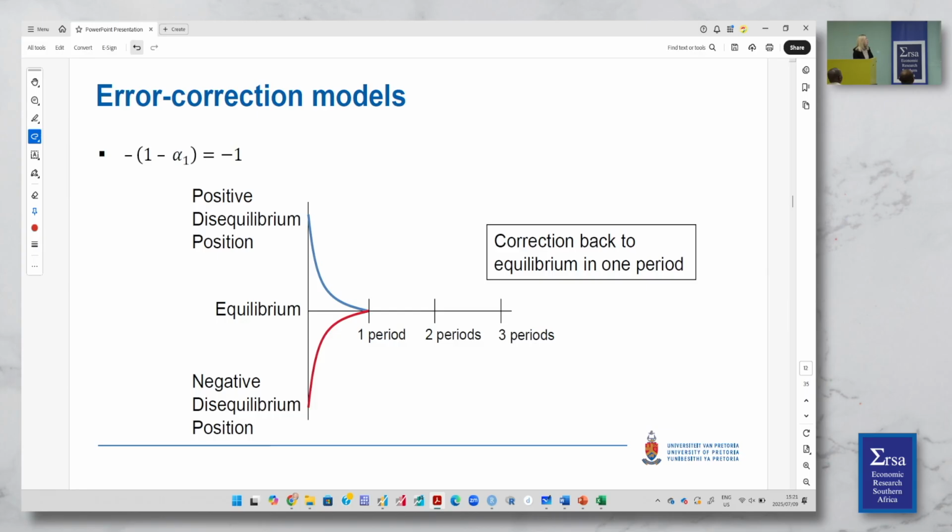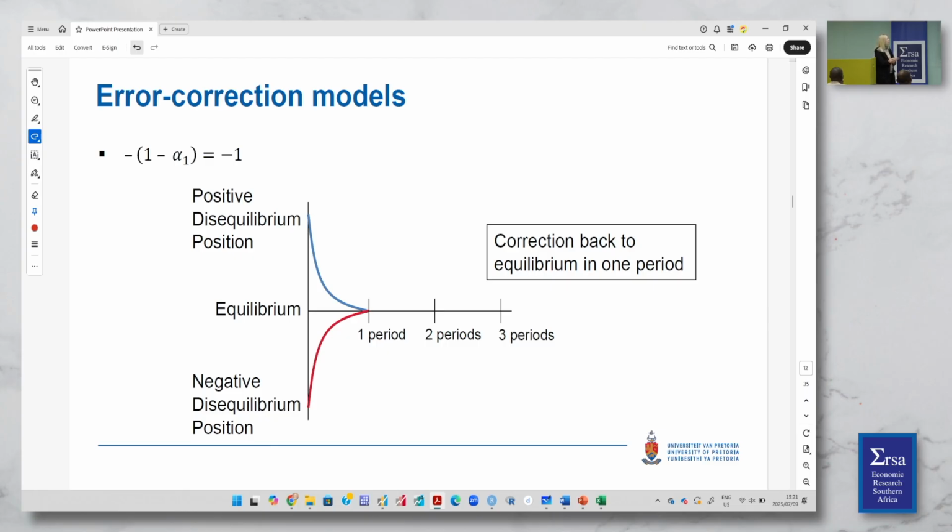If we are in this positive position of disequilibrium, financial crisis happens, people want to hold more money in liquid form, so that's a position of positive disequilibrium.